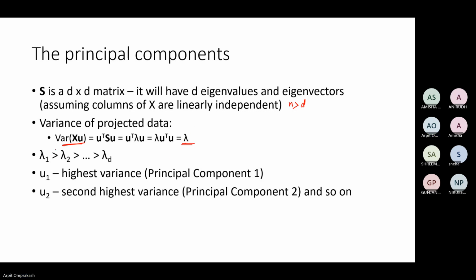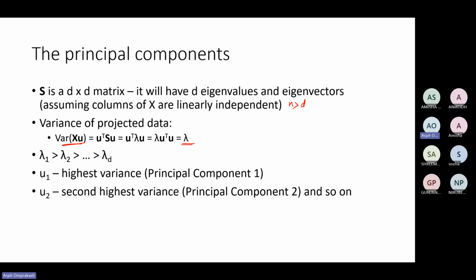Now, once we get all the eigenvalues and eigenvectors of the covariance matrix, we arrange them in descending order and number them as such. So lambda 1 is the largest eigenvalue, lambda 2 is the second largest eigenvalue, and so on till lambda D, which is the smallest.